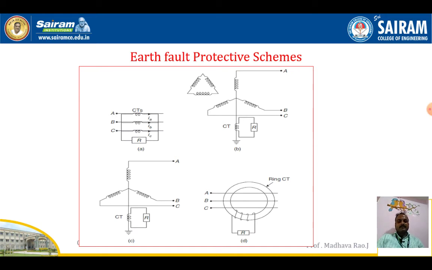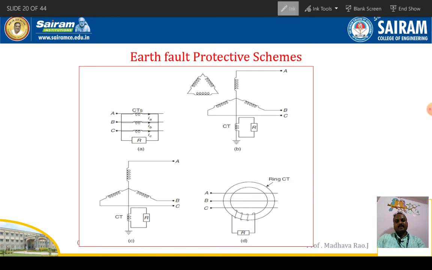The current transformer senses the high currents. Whenever the currents IA, IB, IC exceed the preset value, the current transformer will sense it and send a signal to the relay. The relay will send a signal to the circuit breaker, which will isolate the fault.